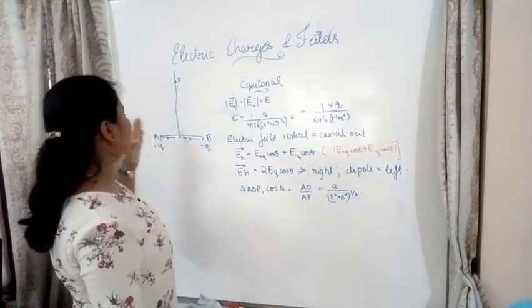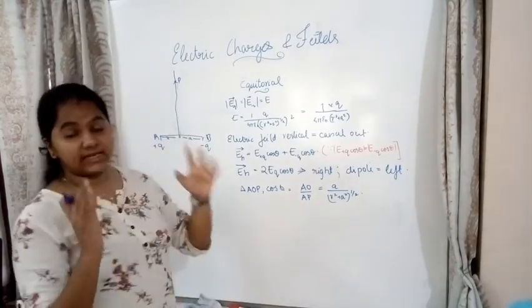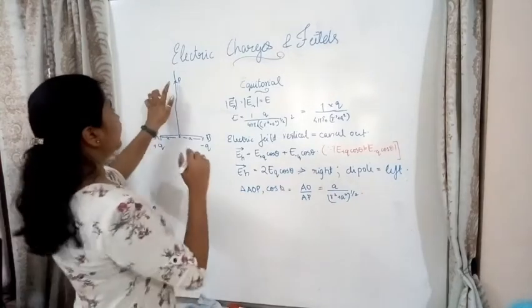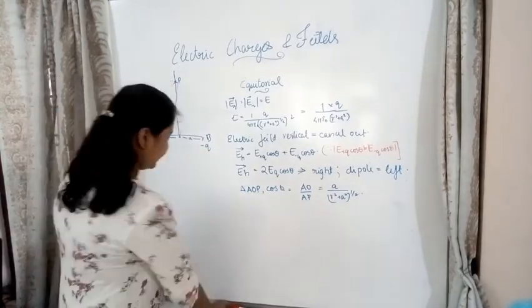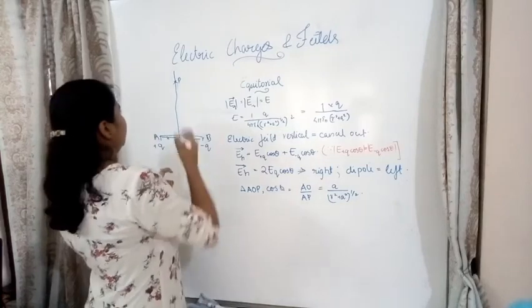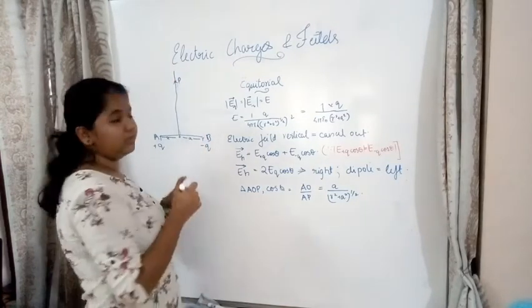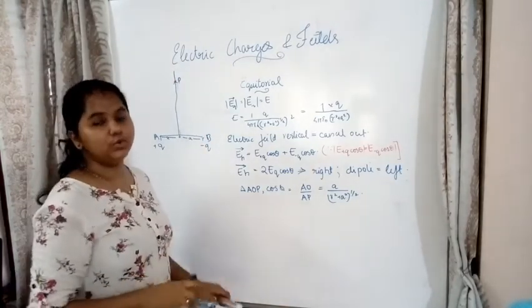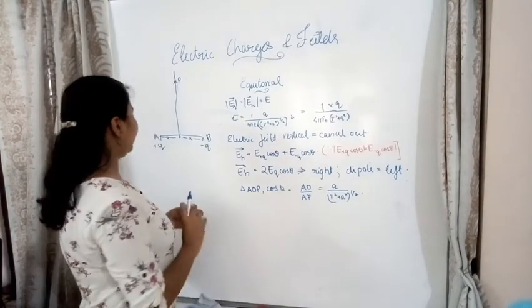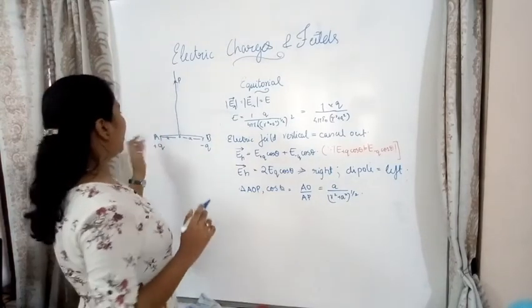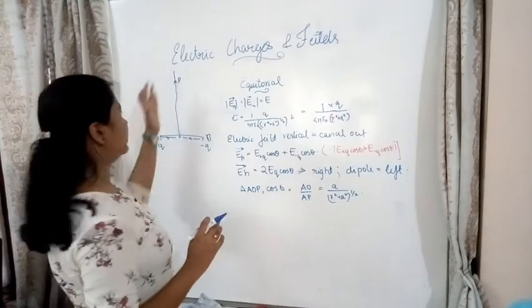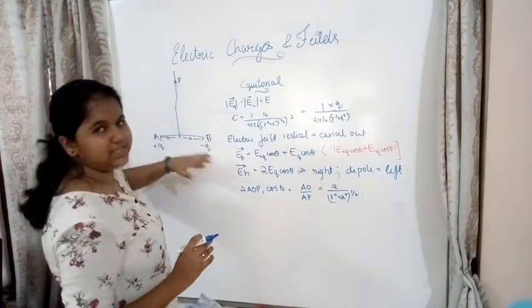So we have to find the electric field intensity at this point. Here there is a test charge. What is a test charge? A test charge is a unit positive charge.